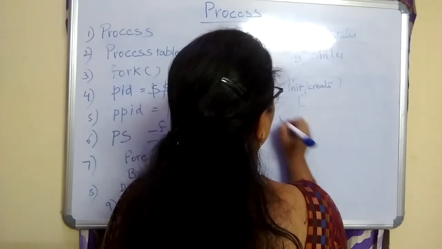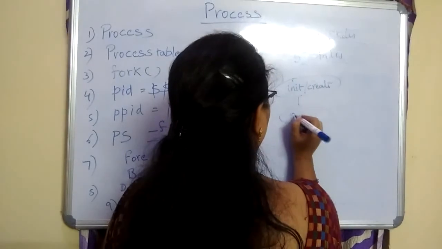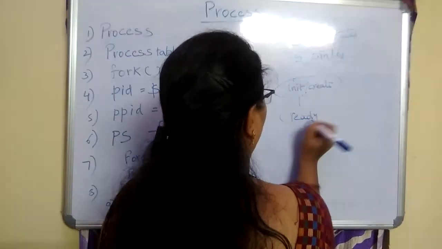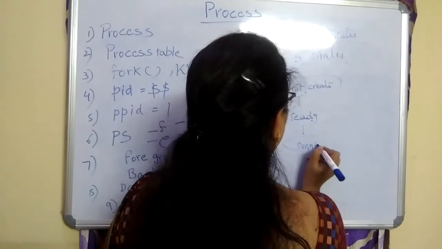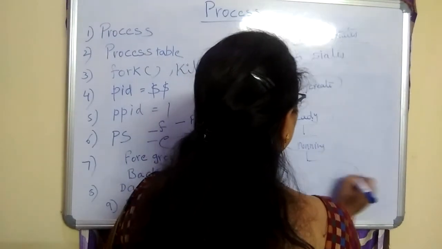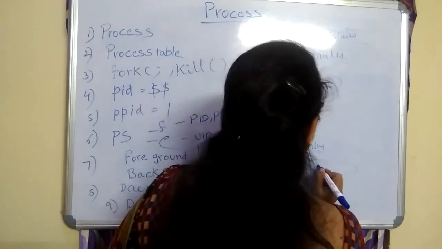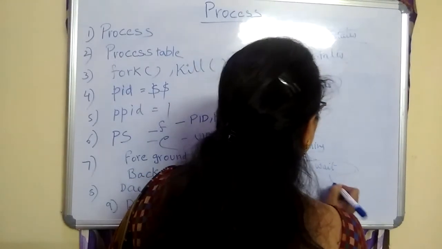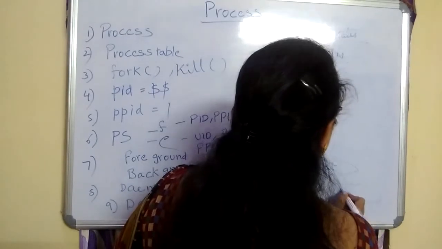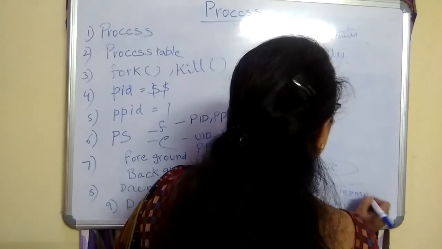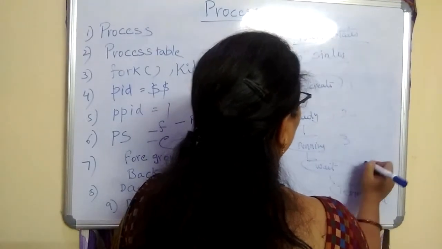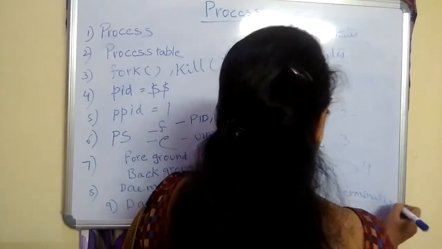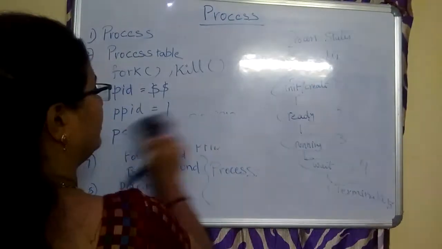The next one is ready, and the next one is running, and the next one is wait, and finally it is terminate. So these are the 5 states: 1, 2, 3, 4 and 5. We see them one by one.